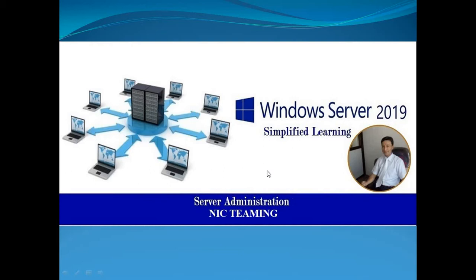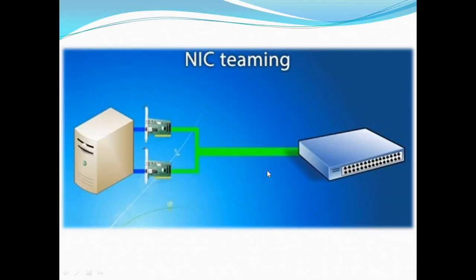In NIC teaming, the physical setup looks similar to this. That means in one server we are going to have multiple NICs. NIC teaming is a mechanism that simply combines two NICs or more than two, and it creates one virtual NIC to form one.